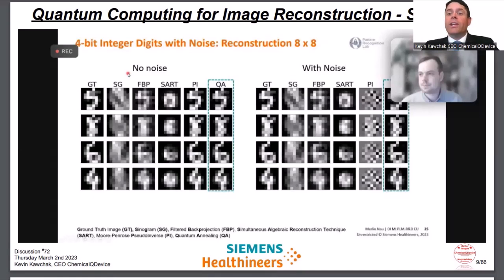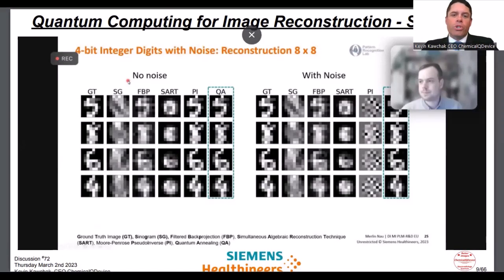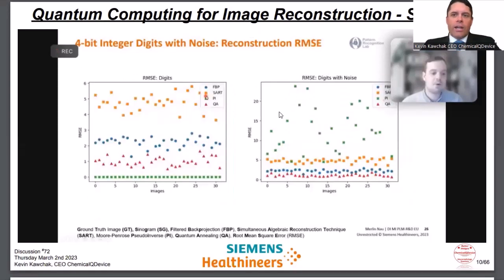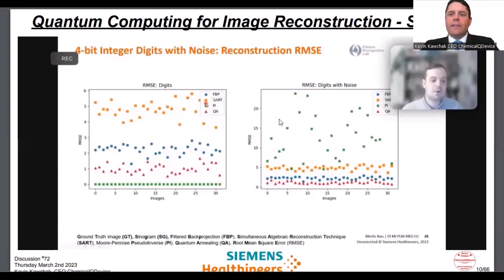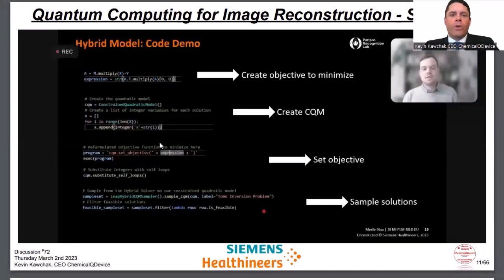So they're basically saying, using their quantum annealing approach, how is that holding up? And this is basically the data that they get. So, with noise, you're looking at the red triangles. It tends to hold up better than some of these other ones that get scattered, such as the green squares right there.